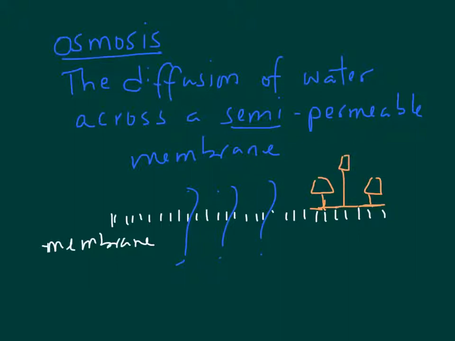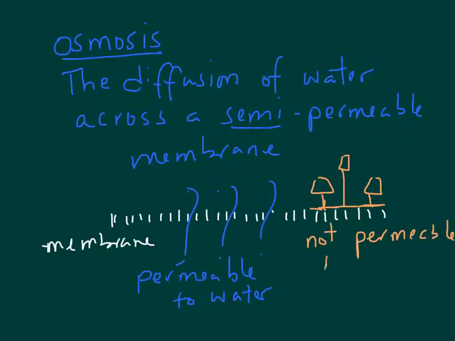So it's permeable to water, and not permeable to large molecules, like sugar. So sugar is going to not go through that membrane.